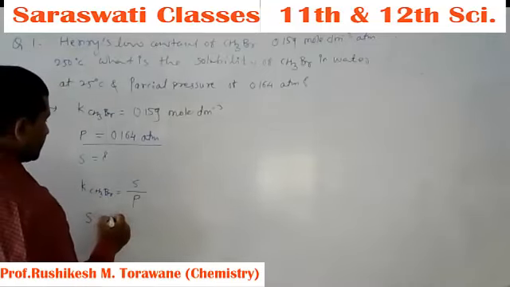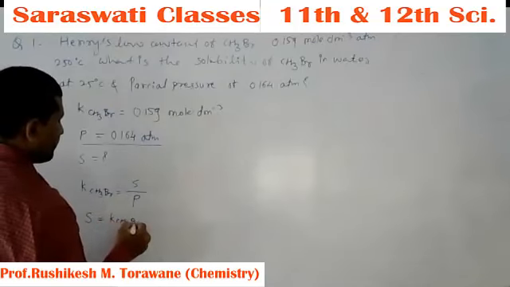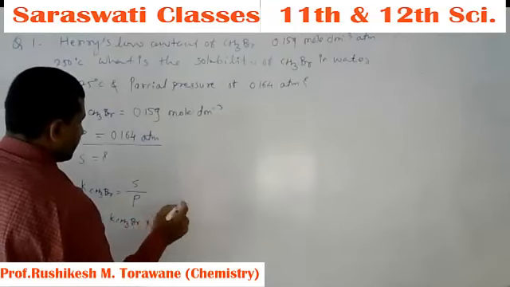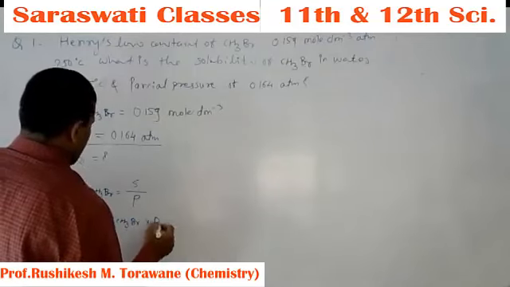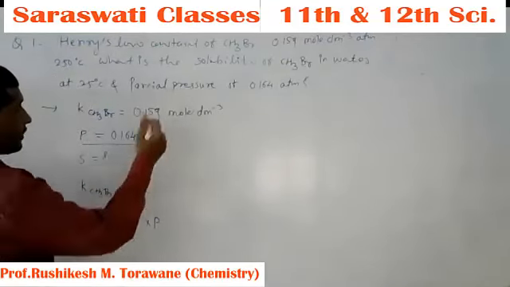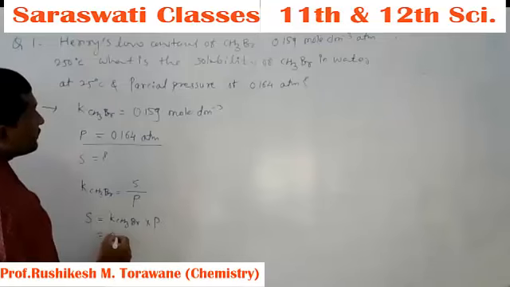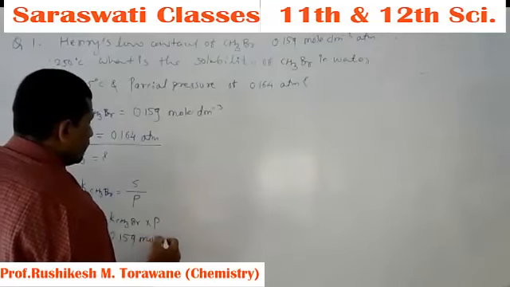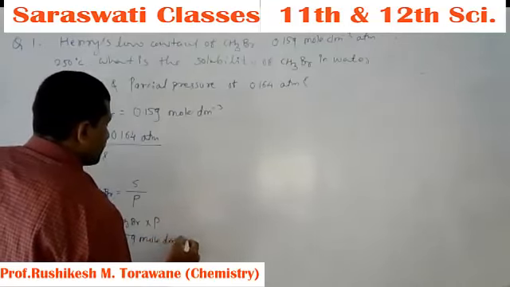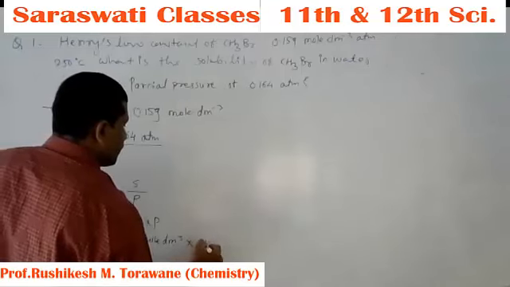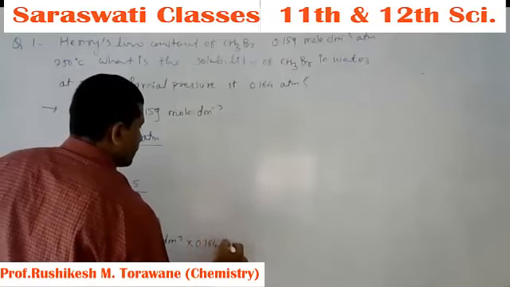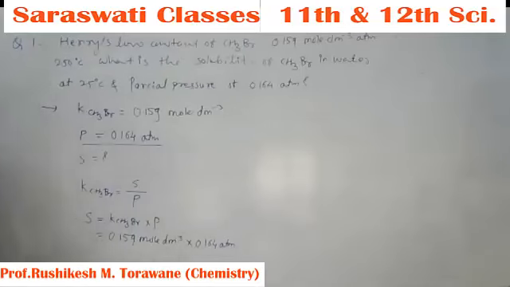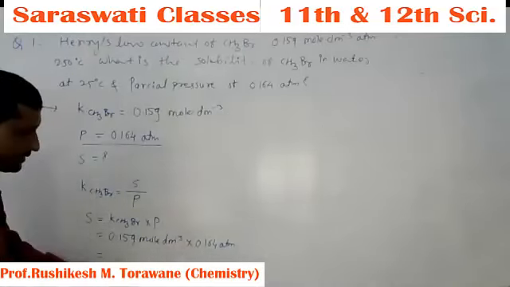Solubility is equal to KCH3Br into pressure. Put this value here. Solubility constant, Henry's law constant is 0.159 mole per dm cube into 0.164. You can put this value and you can get the answer.